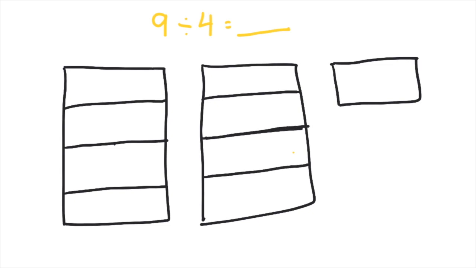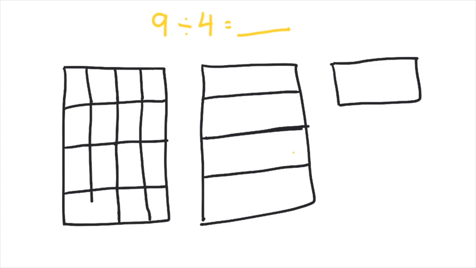Okay, so we have 9 brownies right here, and I want to divide them into 4. So I'm going to start by dividing the pieces into 4. I'm going to do that for all of them, and I know if I do it for one, I can just bring it down, and that will be equal. Each one has 4 pieces.